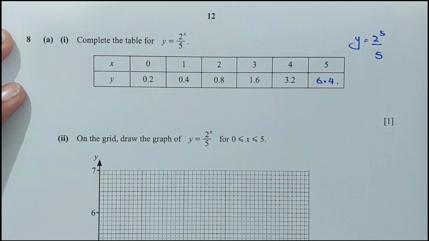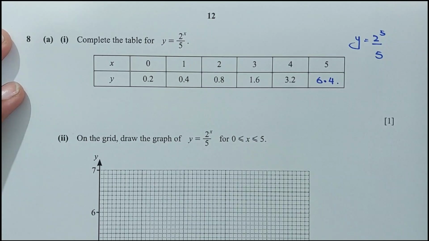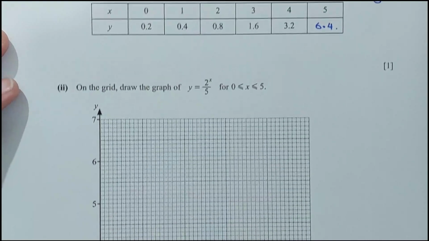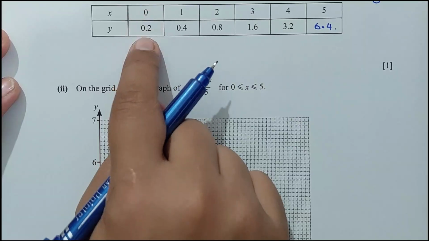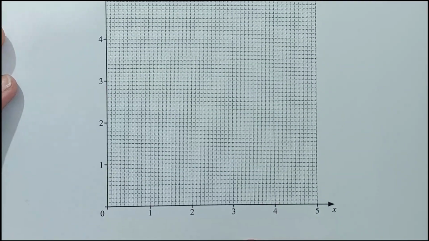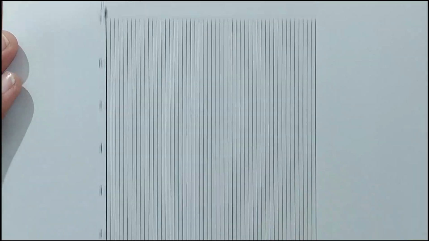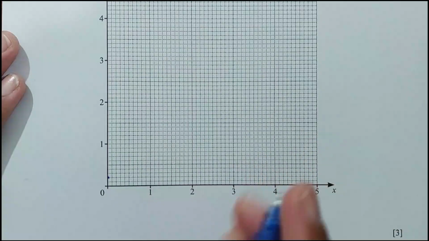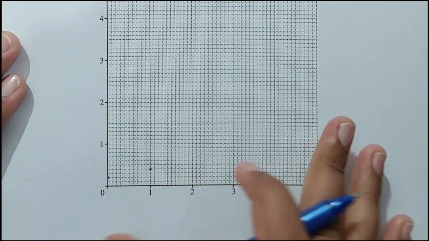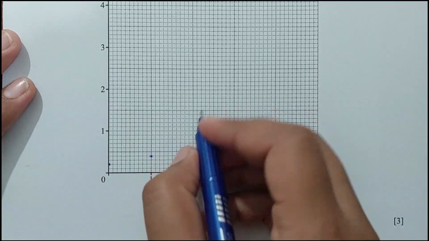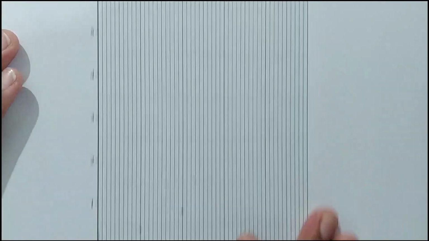Now for the second part, on the grid, draw the graph of this function for x between 0 and 5. When x is 0, y is 0.2. When x is 1, y is 0.4. When x is 2, y is 0.8.